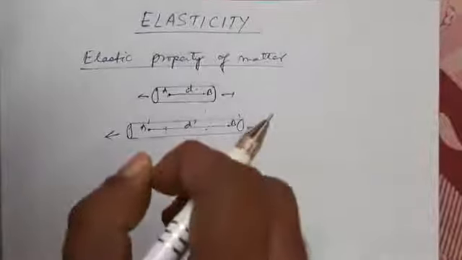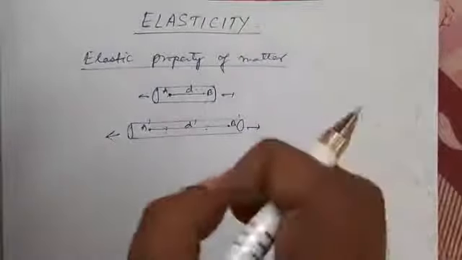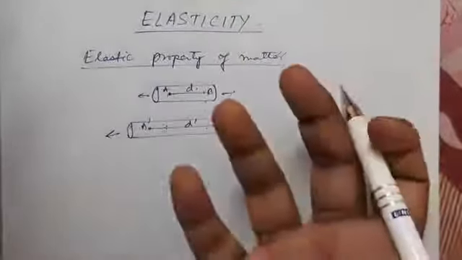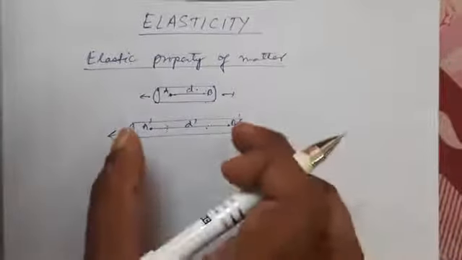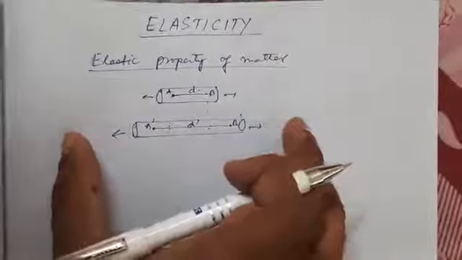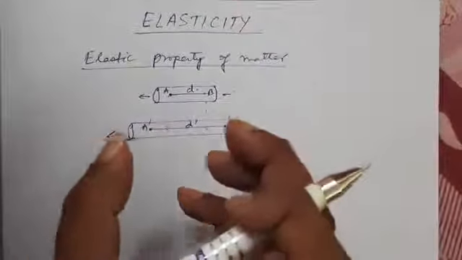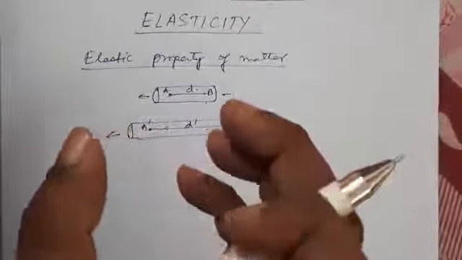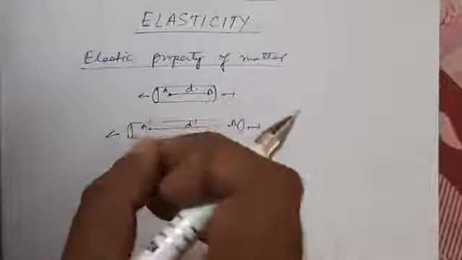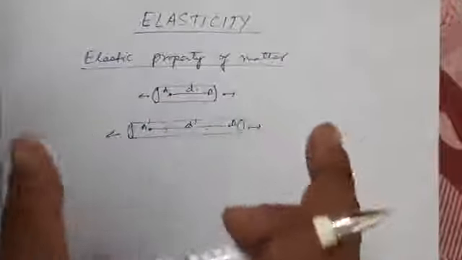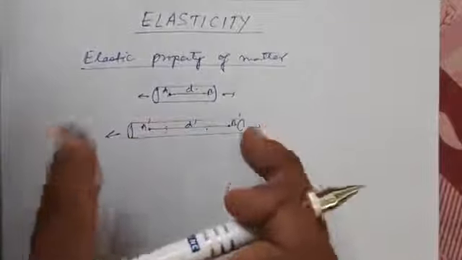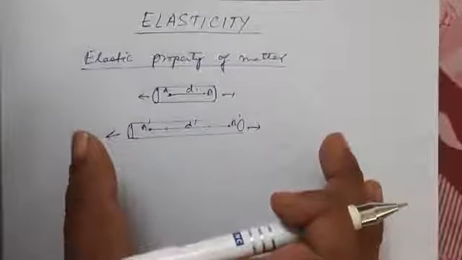Now, in this condition, a reaction force develops inside the body which opposes this change. That means if we are trying to stretch this rubber cord, the rubber cord will try to contract itself. That means an equal and opposite force is developing inside the body which is opposing the elongation.